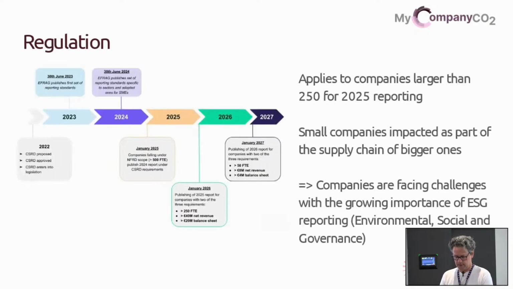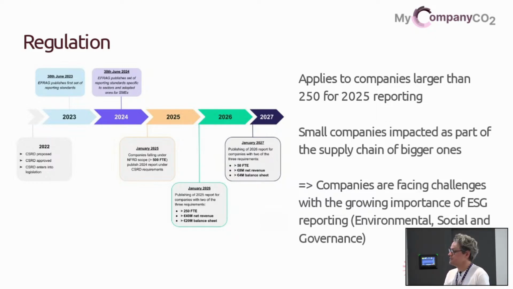So in terms of regulation, you should know that for the companies that are larger than 250 employees, starting in 2025, meaning in a couple of months, your clients, or even you potentially, will have to comply with the CSRD regulation in Europe. There are other regulations in the world, of course.